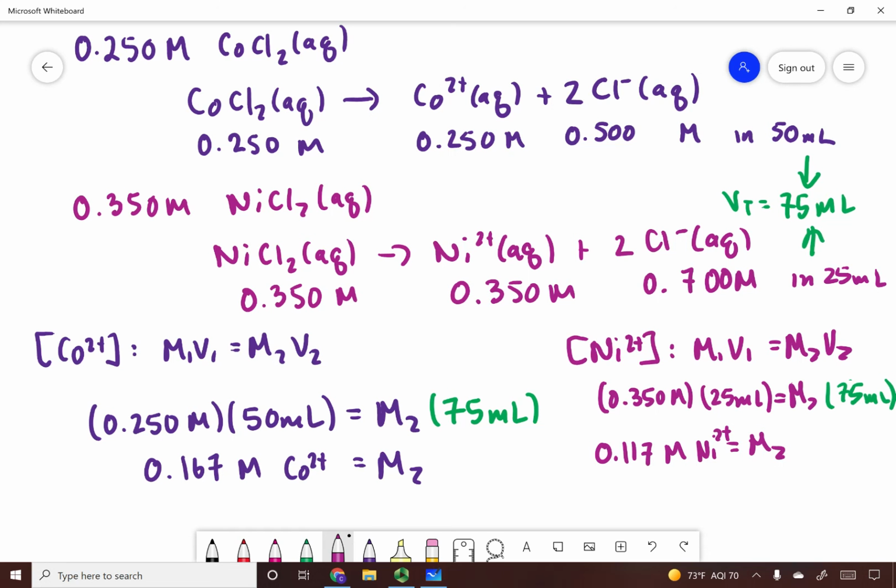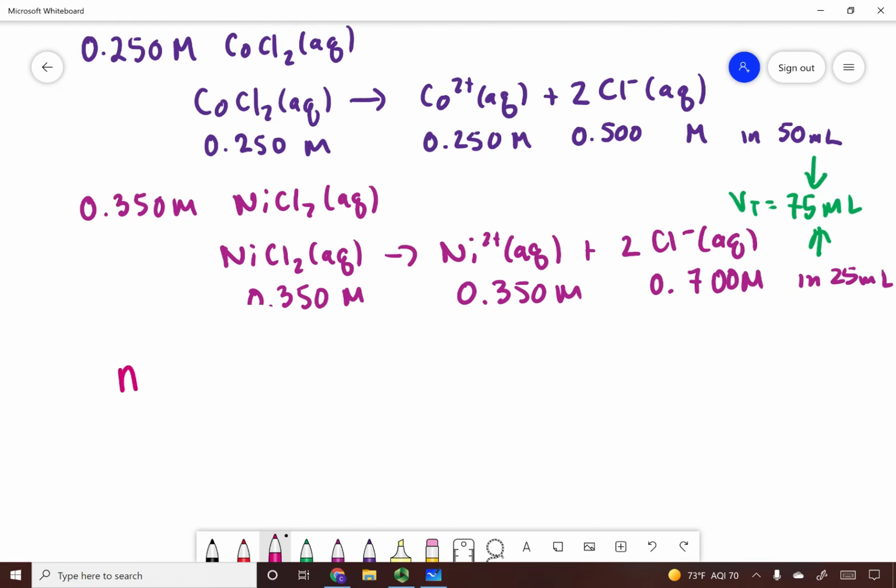All right, that takes care of these 2 metal ions, and you'll note that these 2 metal ions come from only one of the solutions. But chloride's a different story. Chloride comes from 2 different solutions, and I have to contend with this. So if you remember, molarity is moles over liter. So I should get the total moles of my chloride and divide by the total volume of solution.